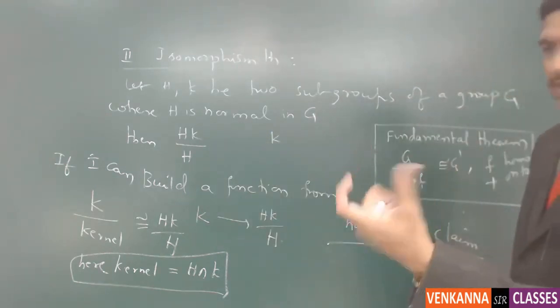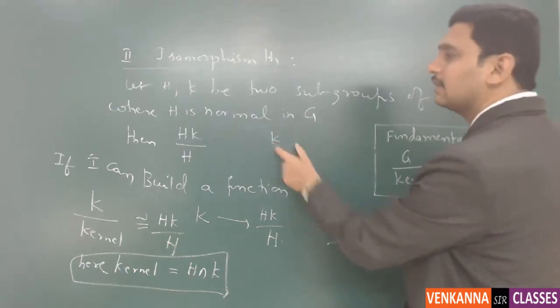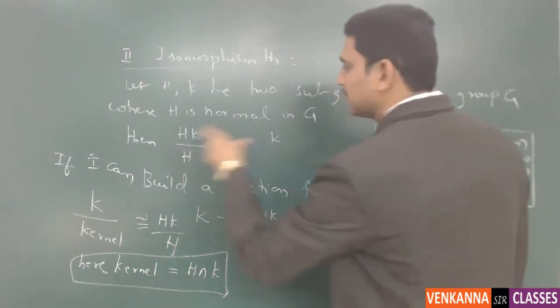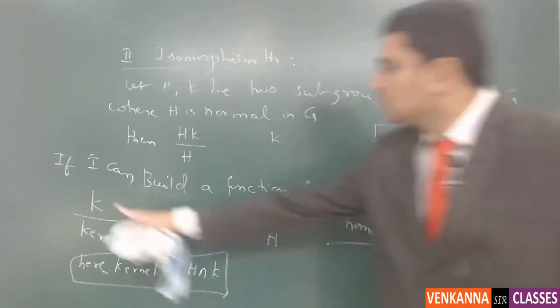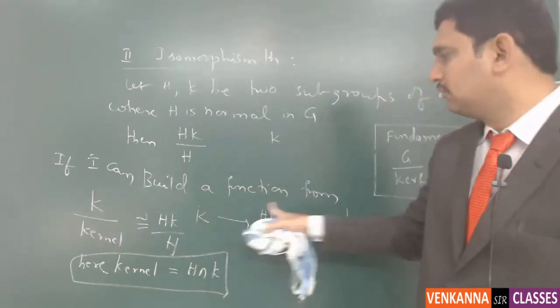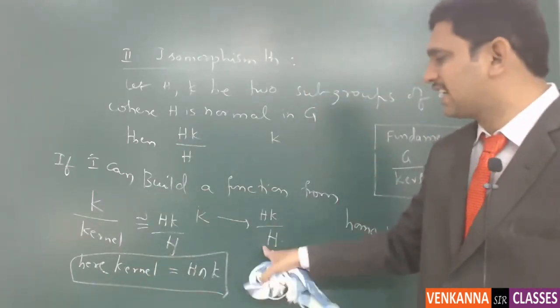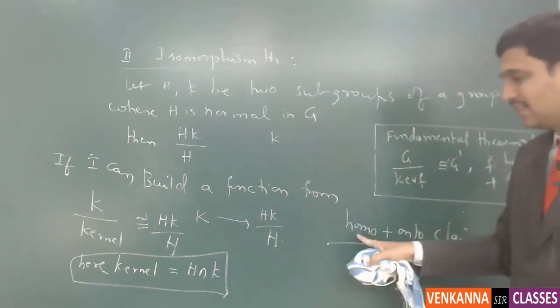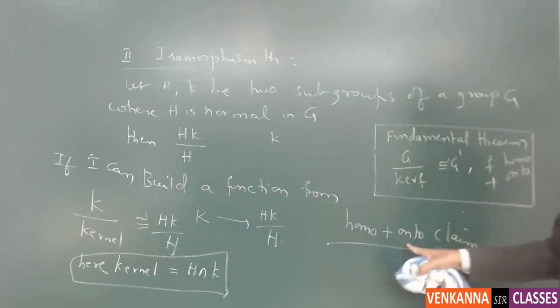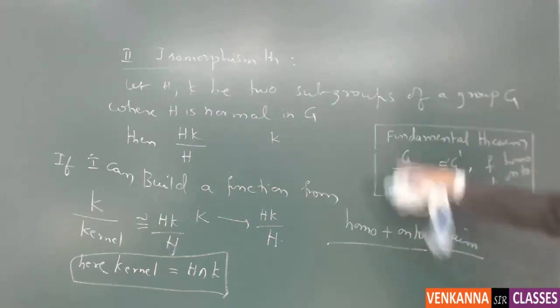Now, I have two groups. One is K, one is HK by H. So if I build a function from K to HK by H, which is a homomorphism and onto, then I can make use of this statement.